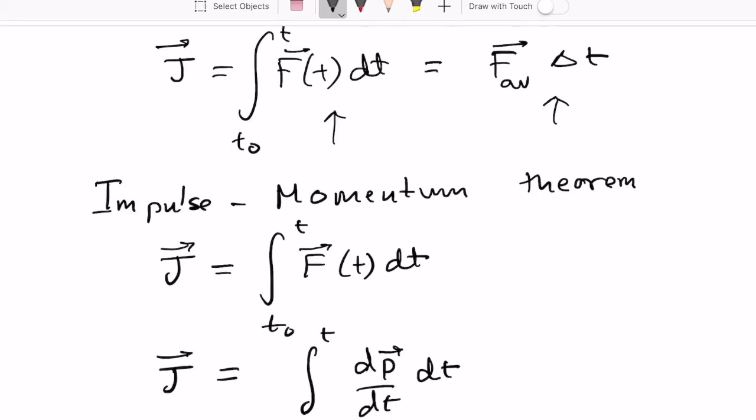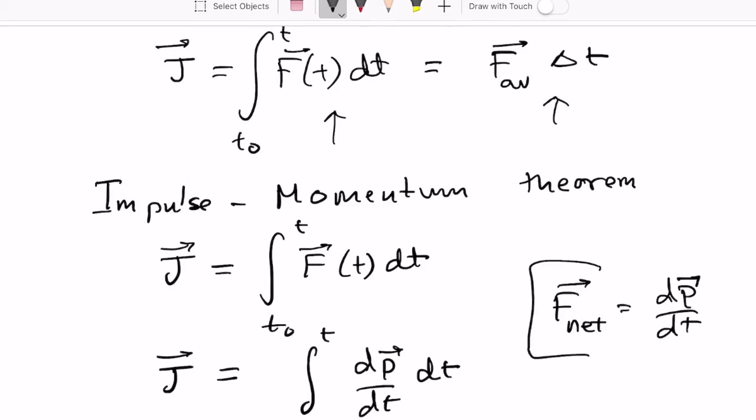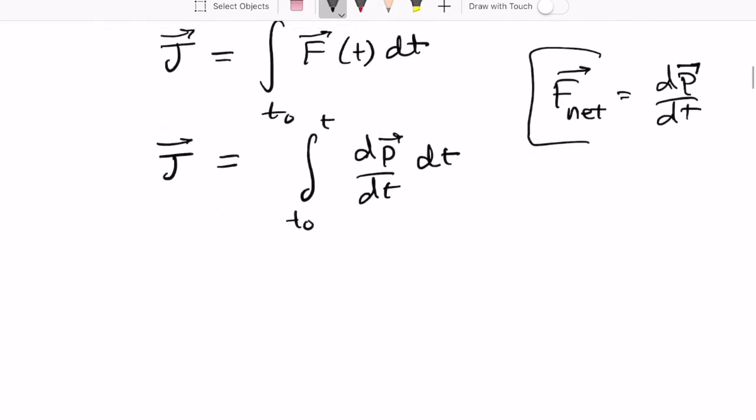So p is the momentum of the particle, and the net force acting on the particle, F net, is equal to dp/dt. That's Newton's second law, right? So that's all that we did over here. Now, whenever you have a dp/dt, that's a derivative, and if you integrate a derivative, you just get back the original function, because differentiation and integration are opposite operations.